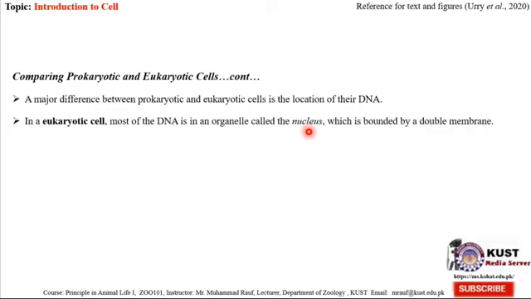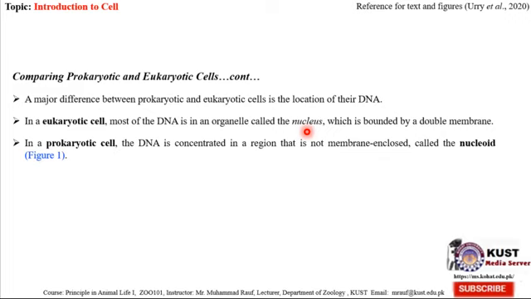It is also known as the control center of the cell because it has the genetic material, and genetic material contains instructions for running all the affairs of a cell or an organism. In a prokaryotic cell, the DNA is concentrated in a region that is not membrane enclosed, called the nucleoid.